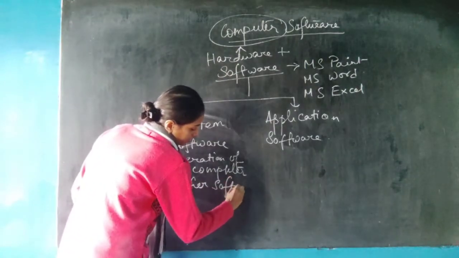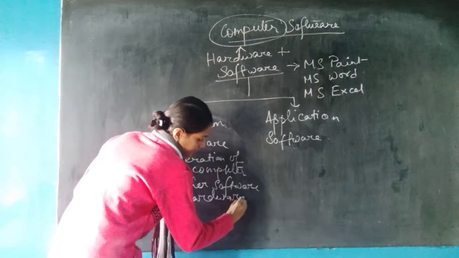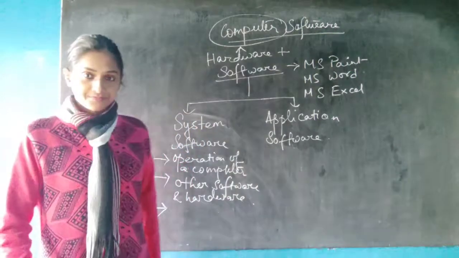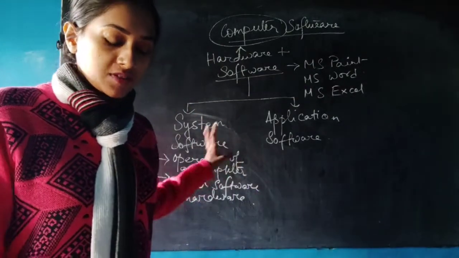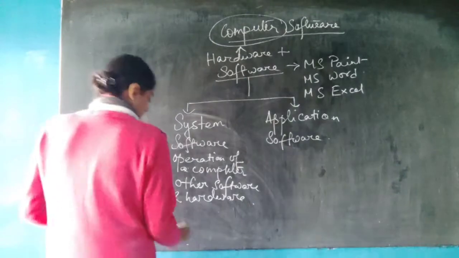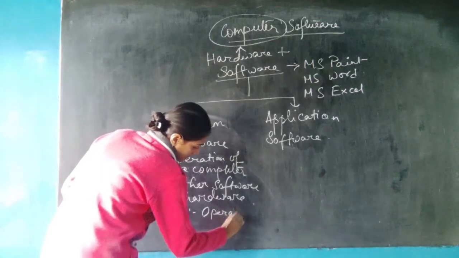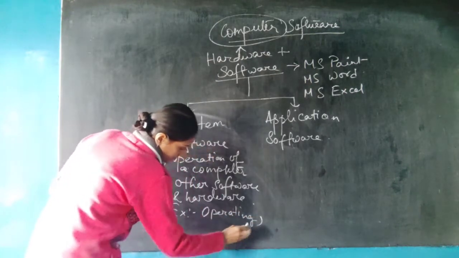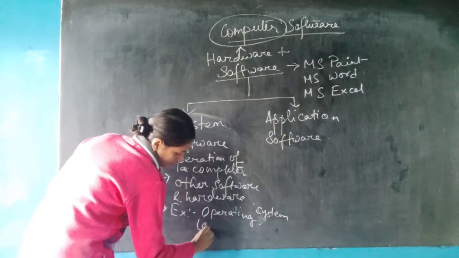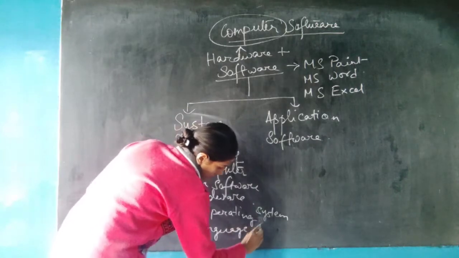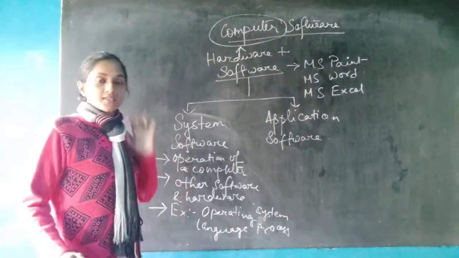The examples of system software are the operating system and language processor. So these two are the main examples of the system software.